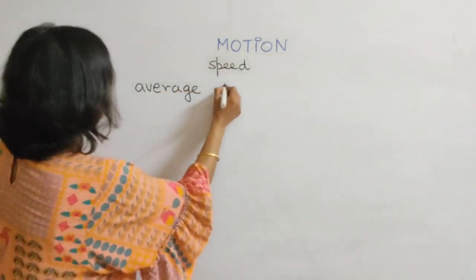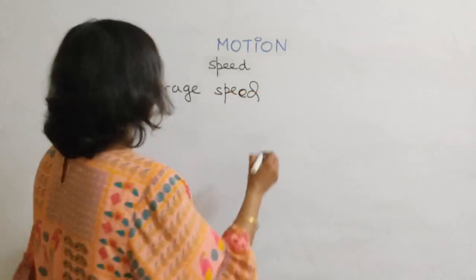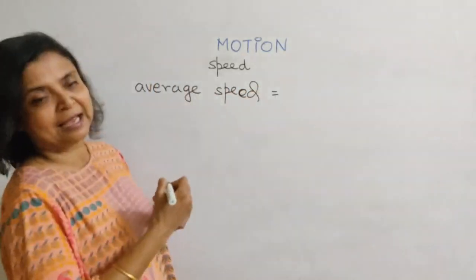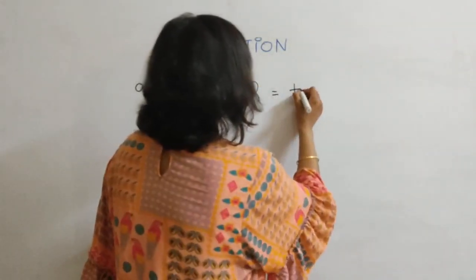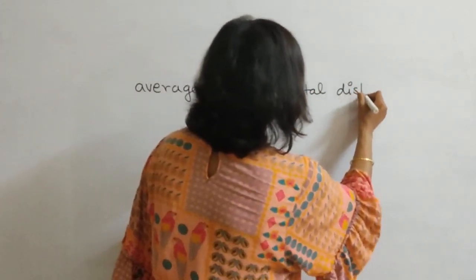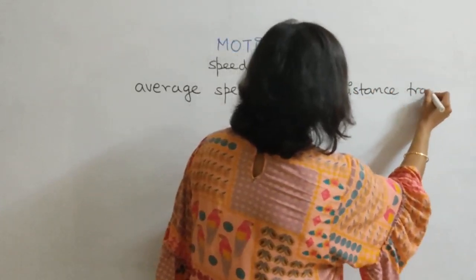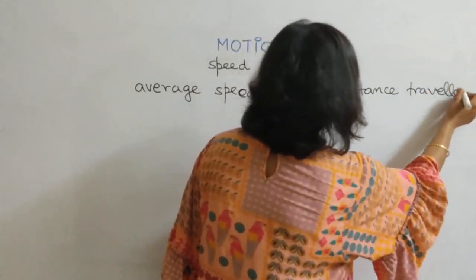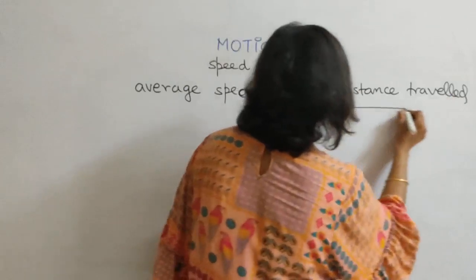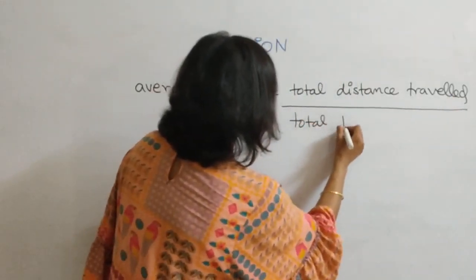Regardless of the change in the speed, we calculate it as total distance traveled upon the total time taken for it.